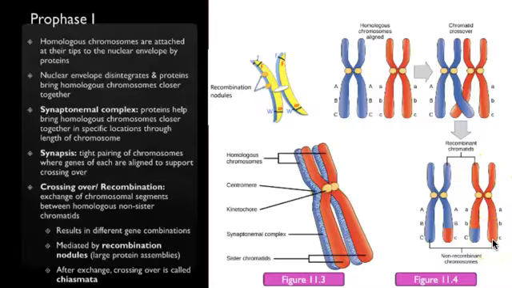After this exchange, the crossover points are called chiasmata. The result of this crossing over is genetic variation. This is why we can look so different from our siblings, since each gamete will carry a slightly different combination of alleles than the parents do.